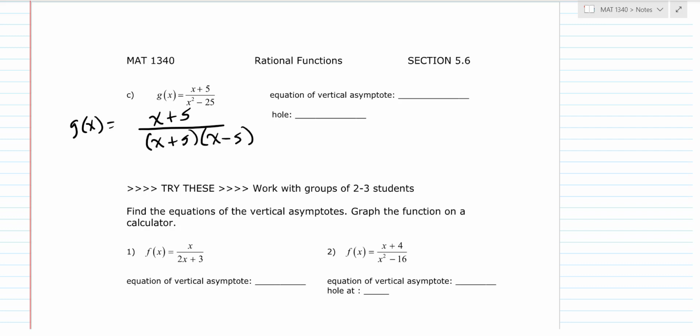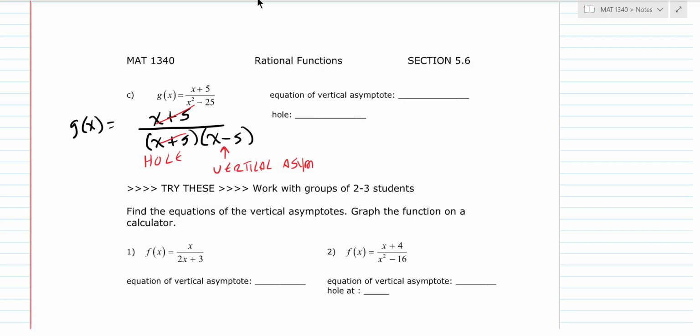Okay, do you see anything? If I was to simplify this, does anything divide out or cancel or anything? Yeah, okay, one of them cancels. So the one that cancels is going to give you what we call a hole. The one that's left over is going to give you a vertical asymptote.